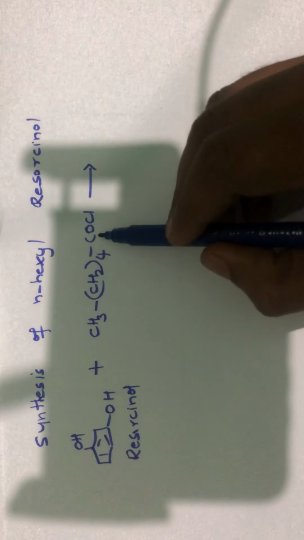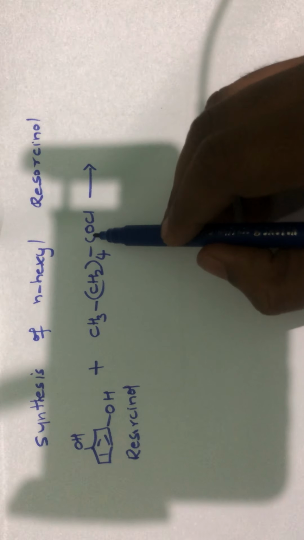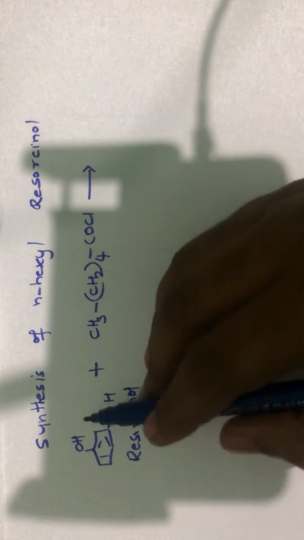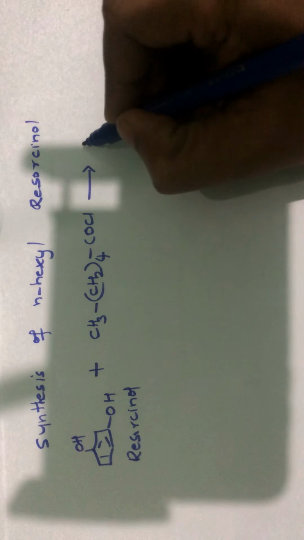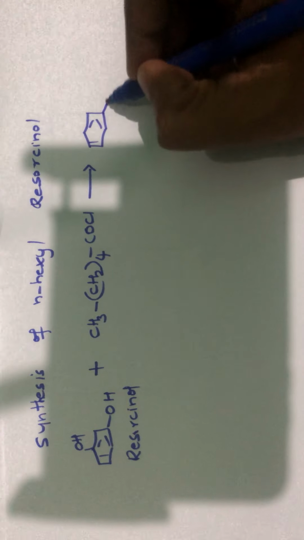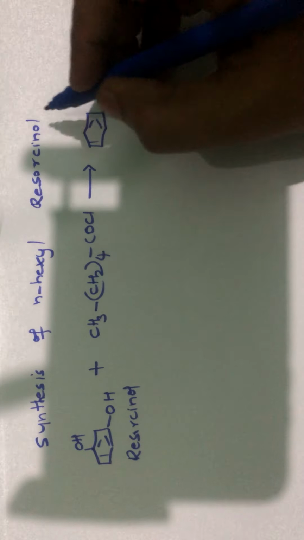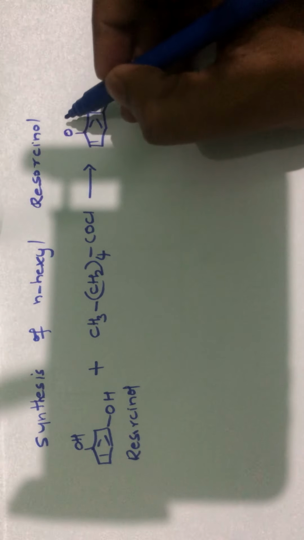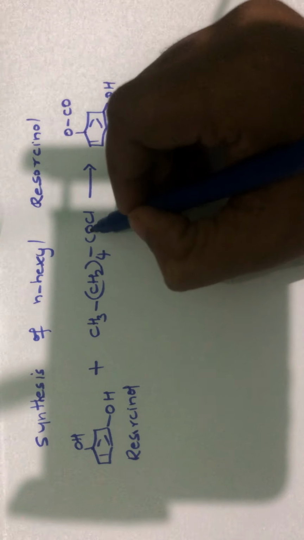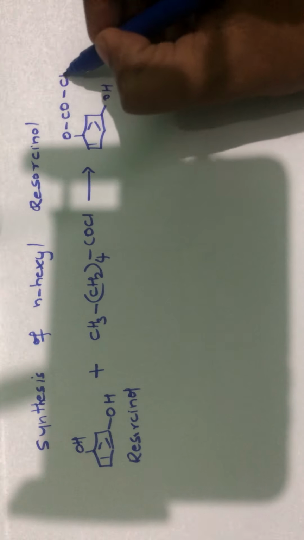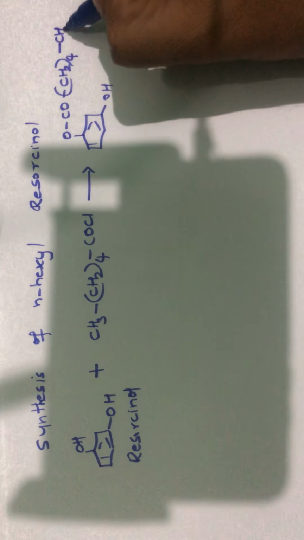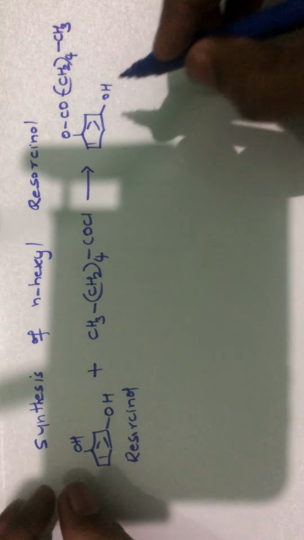This oxygen attacks this carbon. Okay, this oxygen attacks this carbon. So Cl goes off. So you get this product. We have benzene, OH. This oxygen contains a lone pair of electrons. It attacks this carbon, O, CO, CH2 4 times CH3. This is what you get.